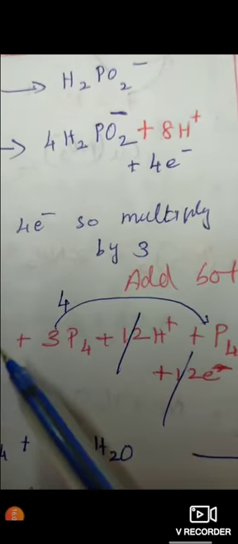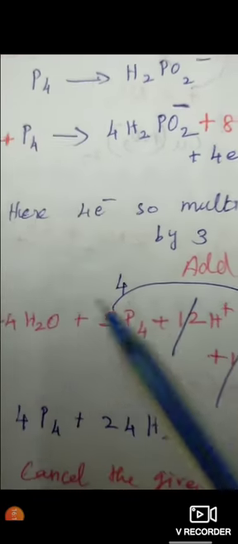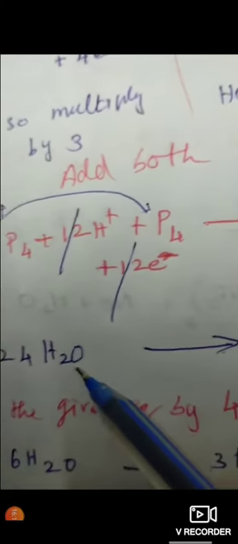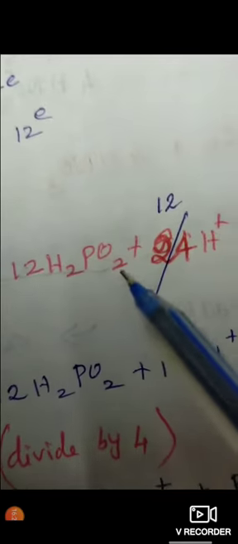Here 1 P4, here 3 P4, so together 4 P4 is there. P4 plus 24 H2O gives 12 H2PO2 plus 12 H plus ion plus 4 PH3.